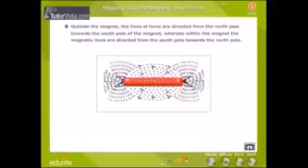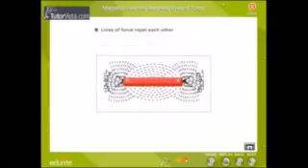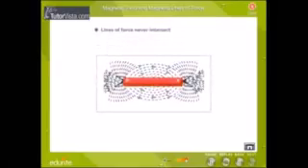Outside the magnet, the lines of force are directed from the north pole towards the south pole of the magnet, whereas within the magnet, the magnetic lines are directed from the south pole towards the north pole. Lines of force repel each other. Lines of force never intersect.